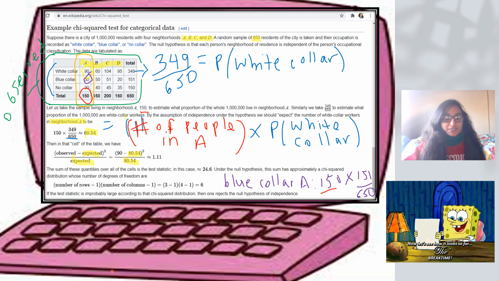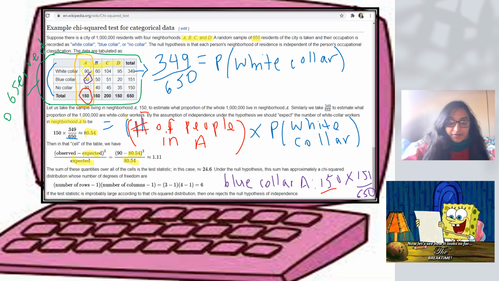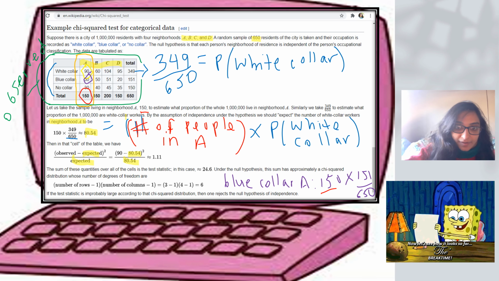Similarly, we just calculate all of those squared differences, and then we add them up together, and we get our chi-squared statistic, X squared.